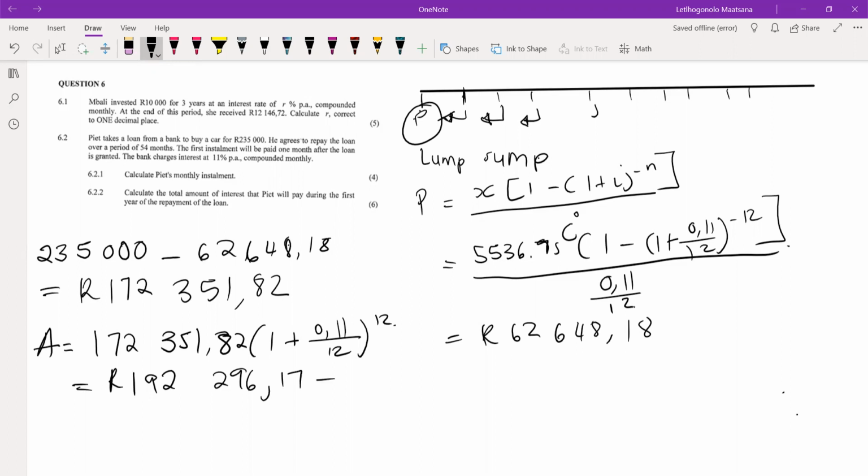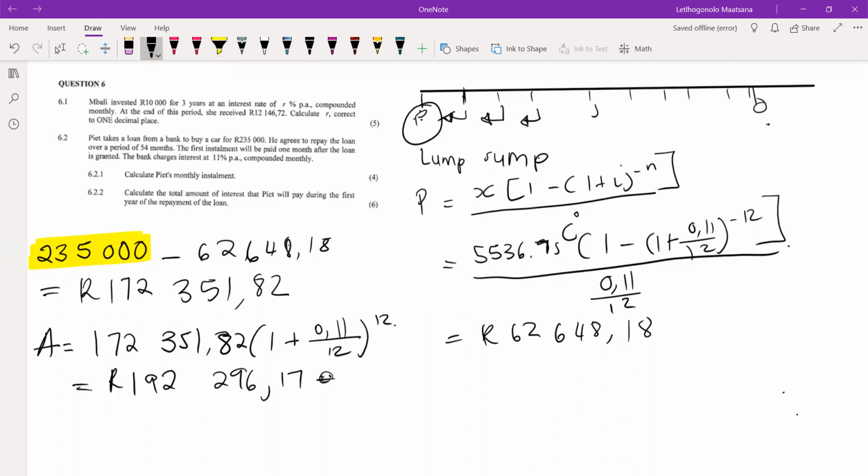This is our balance at the end of the year. We paid that lump sum, we waited the whole year, the money has grown into that. Now, we still understand that this was his initial loan. That's the initial amount on the loan.